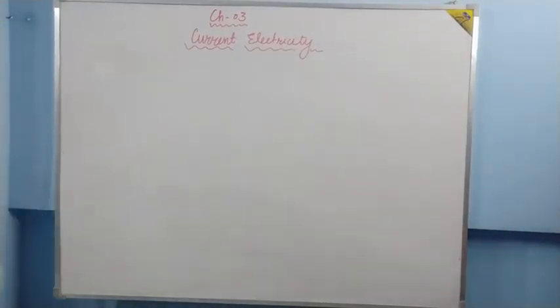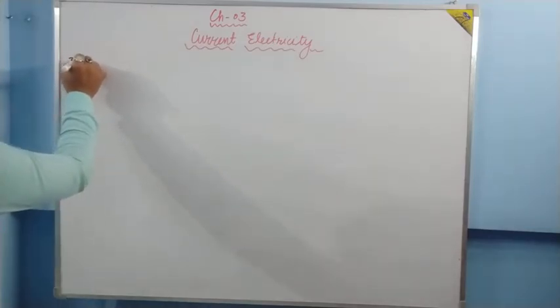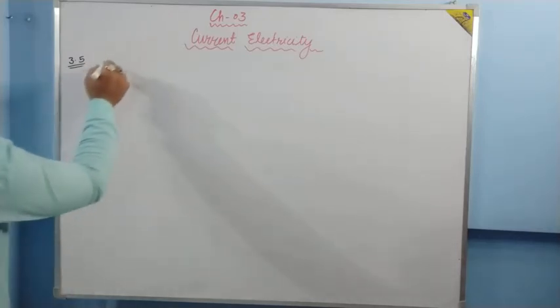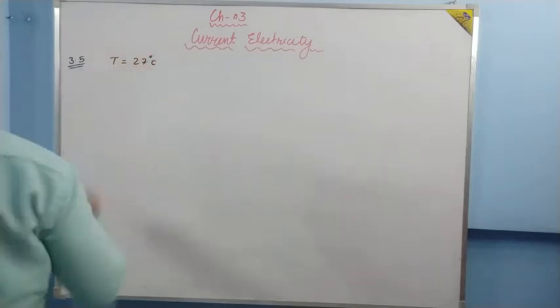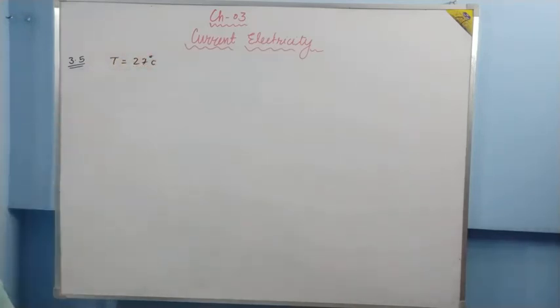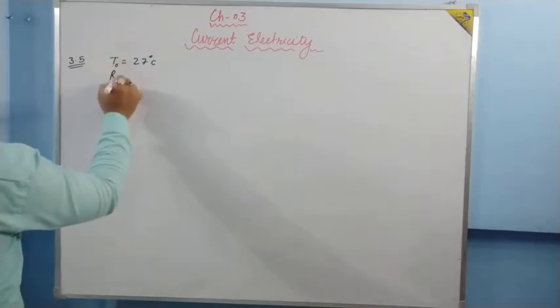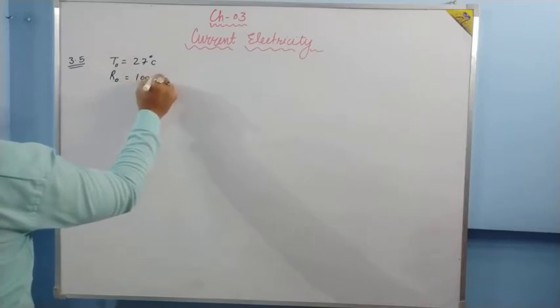The first question we are going to take is 3.5. What this question says, at room temperature 27 degrees Celsius, the resistance of heating element is 100 ohm. If this temperature is T0, the resistance of heating element is 100 ohm.